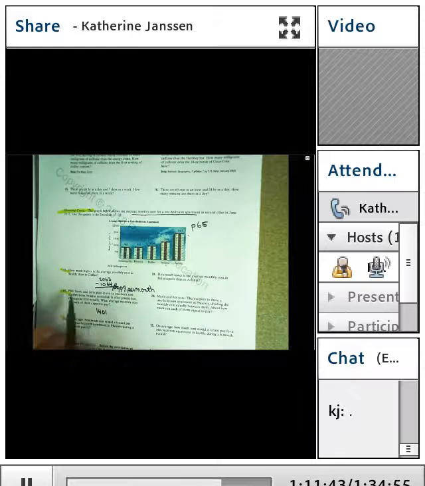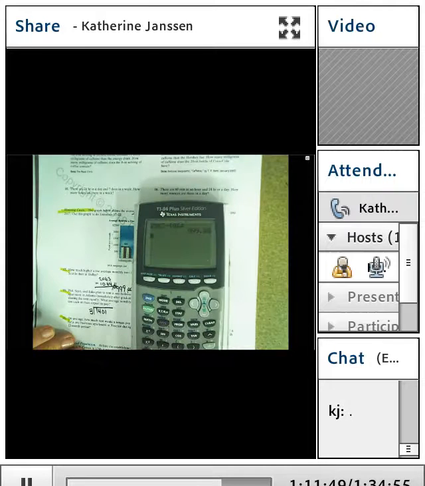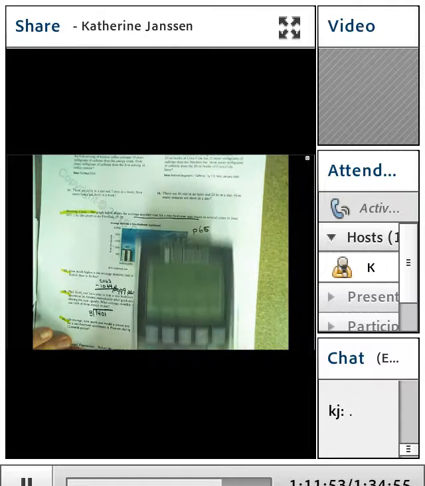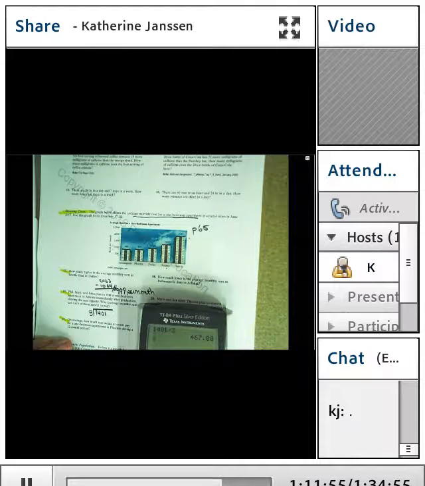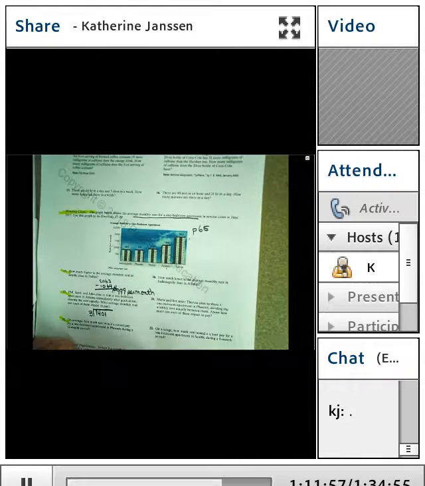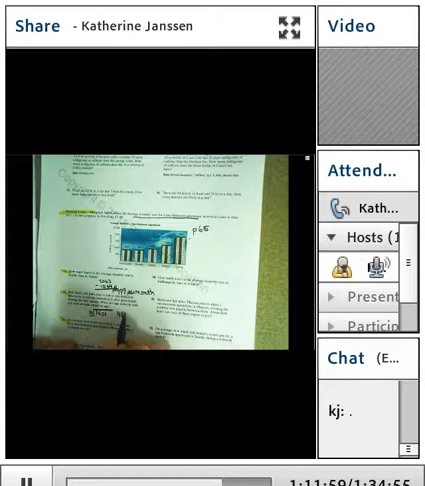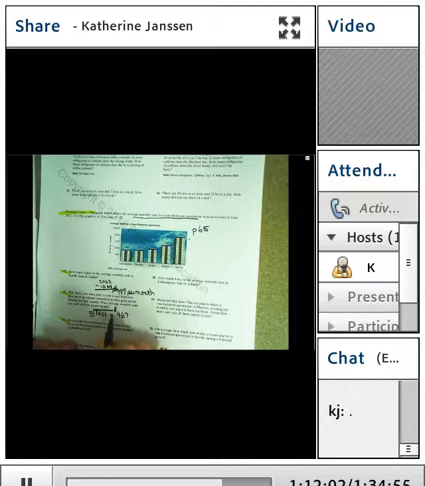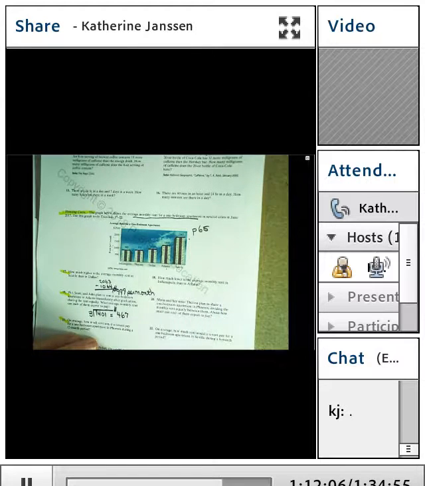And they're going to be dividing that by 3. So 3 goes into 1,401, 467 times. So $467 per month is what each of them can expect to pay.